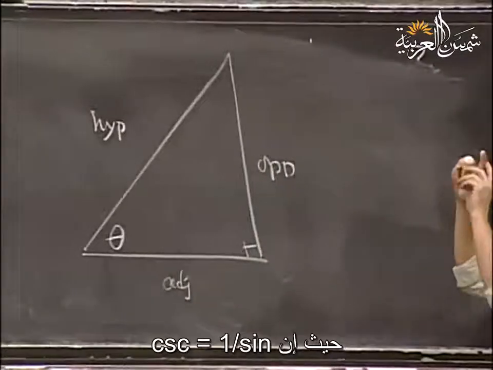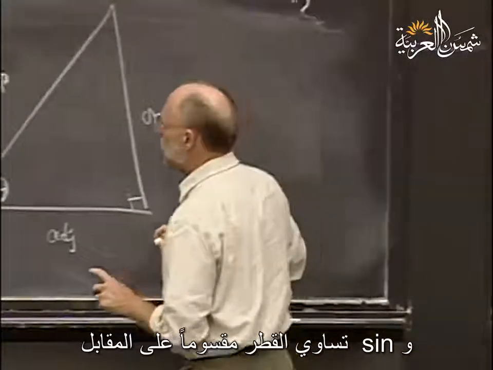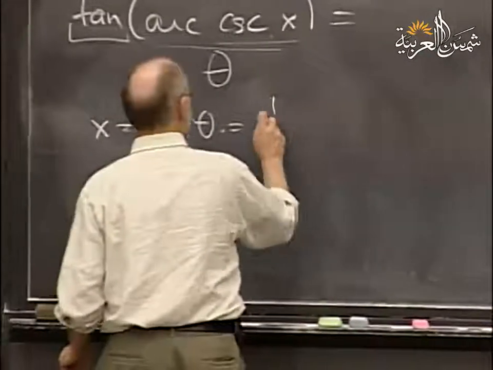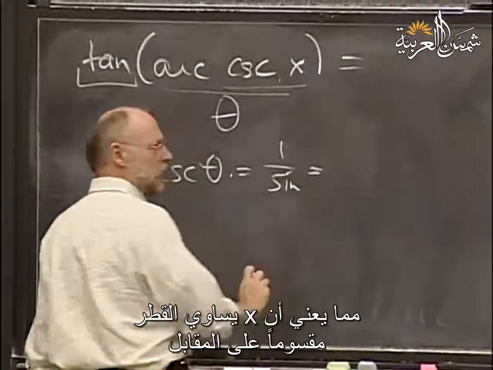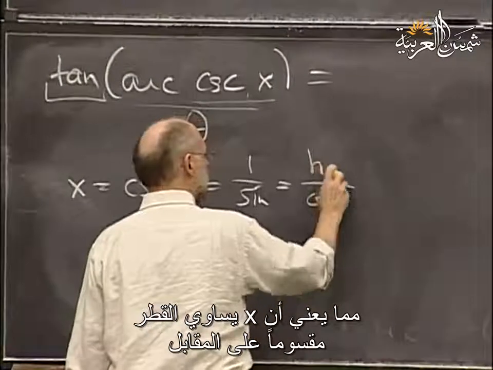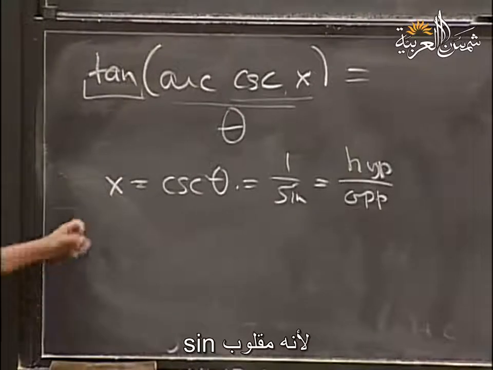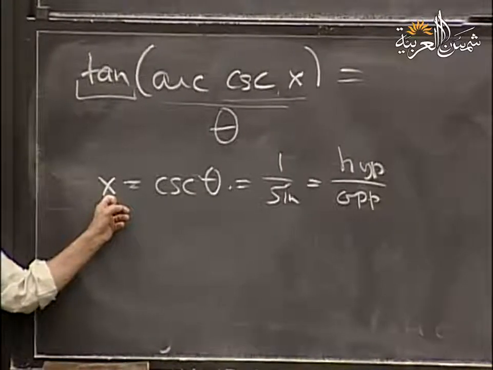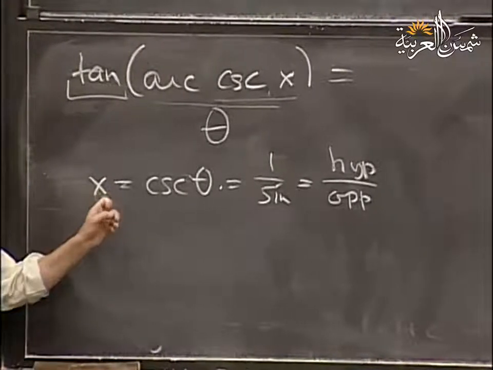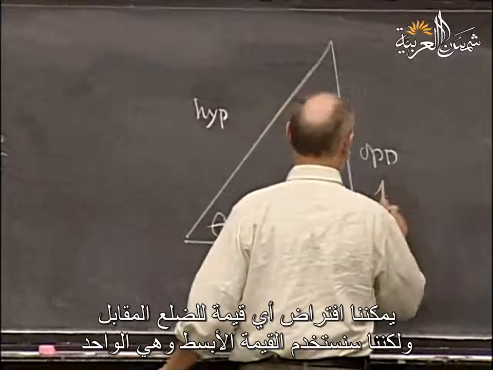Cosecant is 1 over the sine, and the sine is the opposite over the hypotenuse. So I get hypotenuse over opposite, and that's supposed to be what x is. Okay? So I could make the opposite anything I want, but the simplest thing is to make it 1.